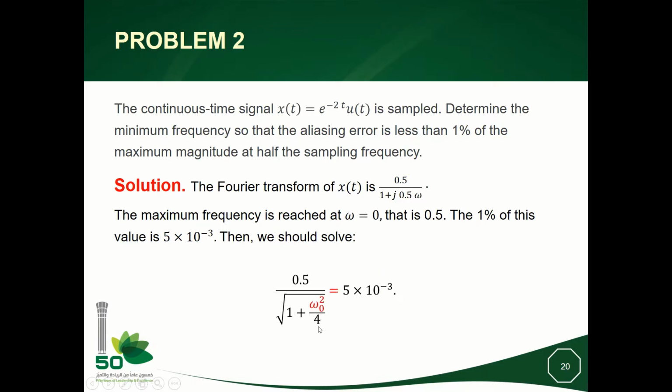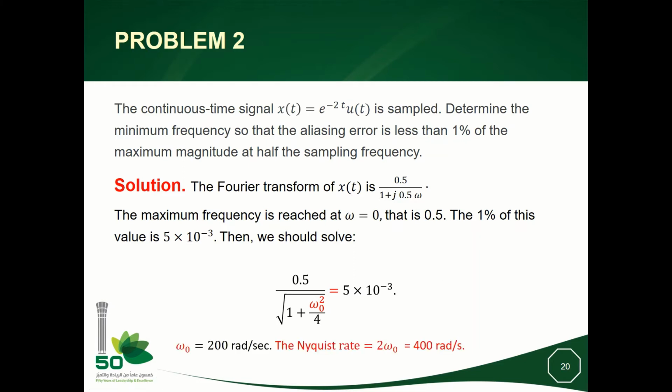So here we have the magnitude of X(ω). We will set this equal to 10⁻³ to get ω0, which is half of the sampling rate.